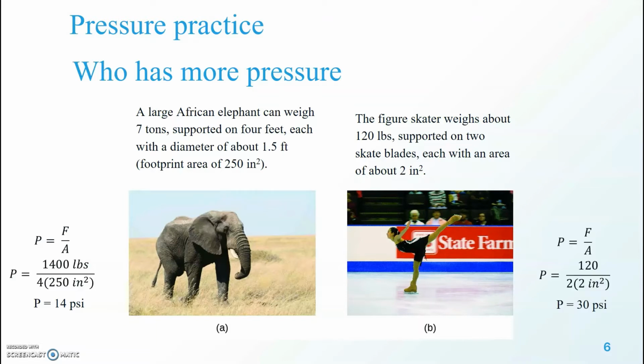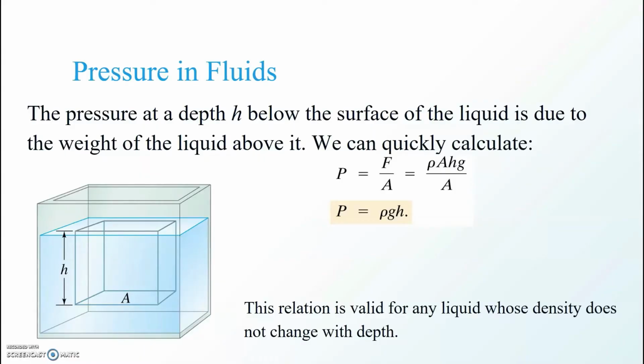On the other hand, the figure skater is 120 pounds, significantly less than an African elephant, has 2 skates of 2 square inches, but has a pressure of 30 psi on those skates. In other words, if you were to get stepped on by an African elephant or the figure skater, you would actually want the elephant to step on you. It would cause less damage, at least in this case, because the figure skater would just cut you. All right.